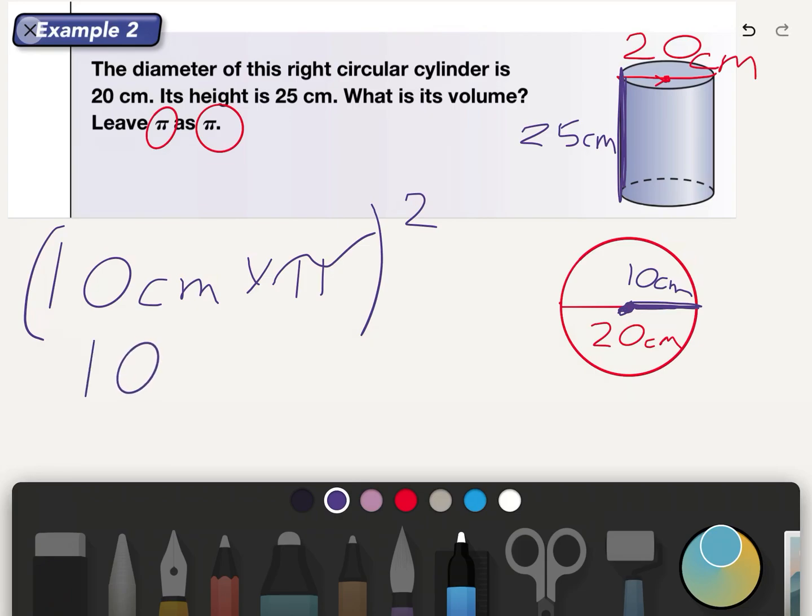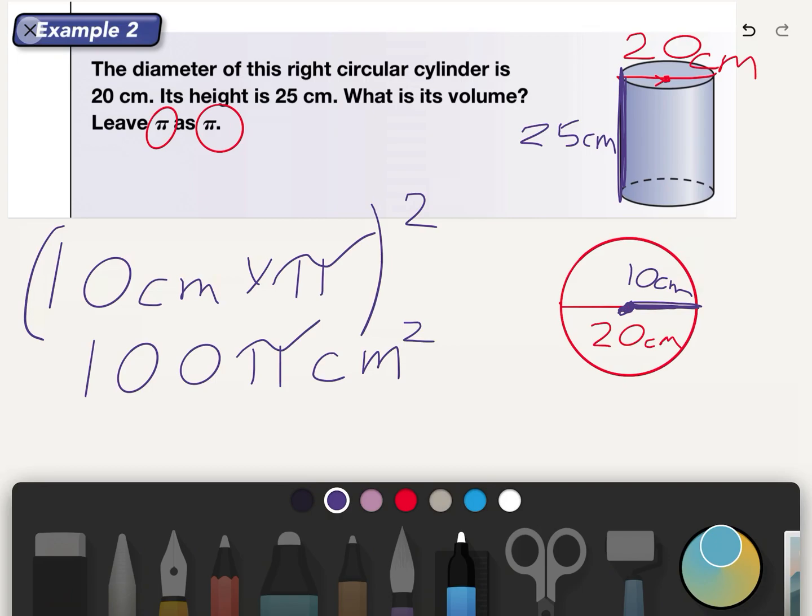So that will get us 100 pi centimeters squared.